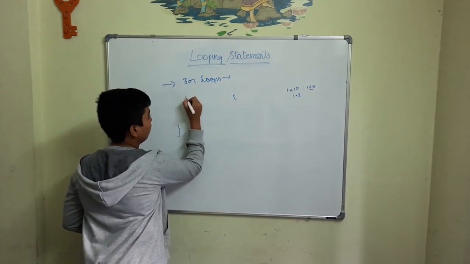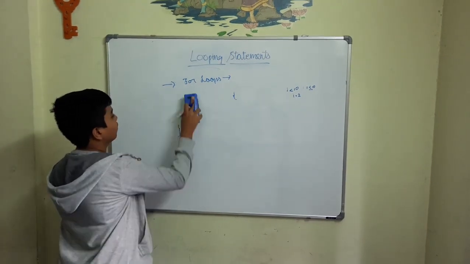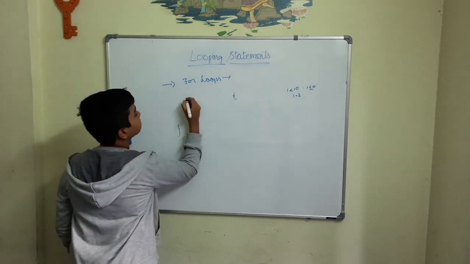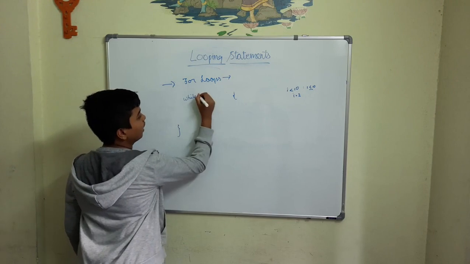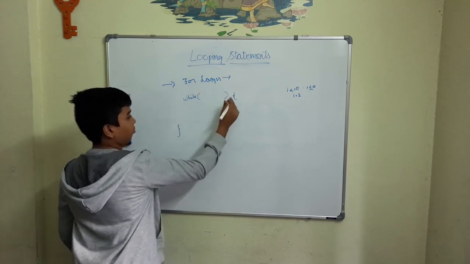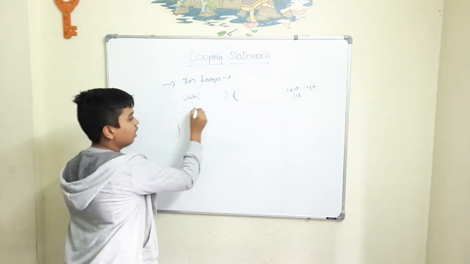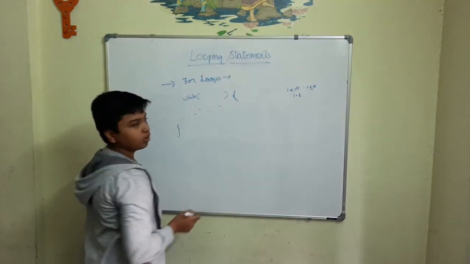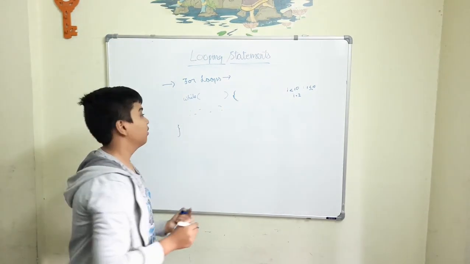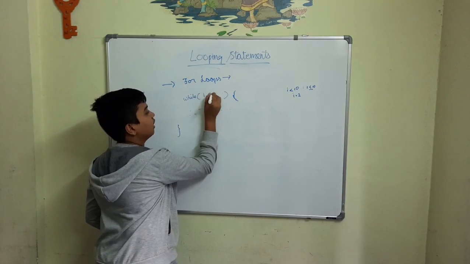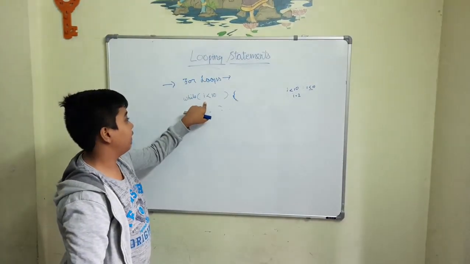So while loop, while brackets, and the same way open curly braces, close curly braces, and the program you want to run. But this parenthesis accepts only the condition, that is I less than 10. It accepts only this condition inside of the while loop.